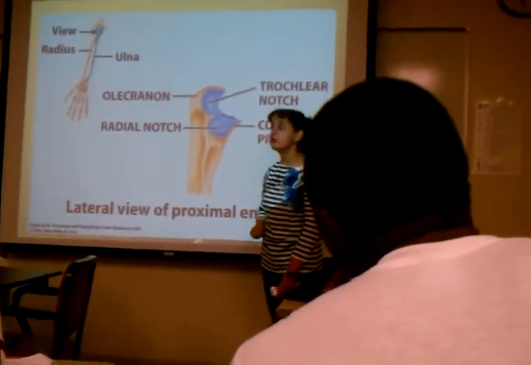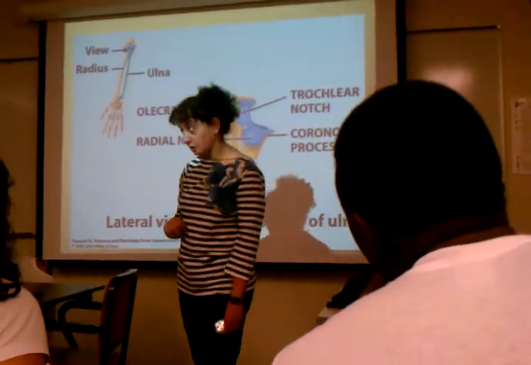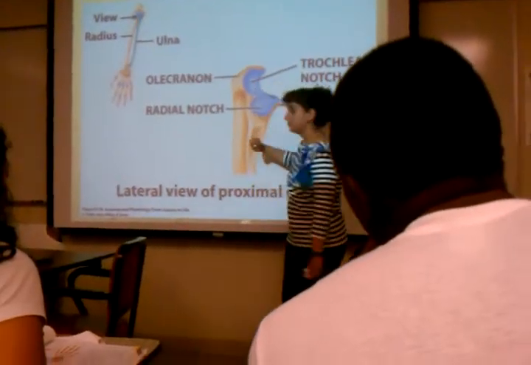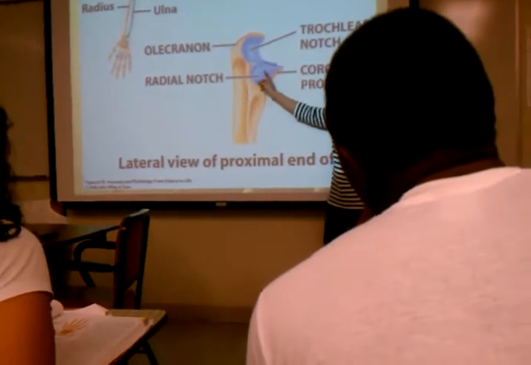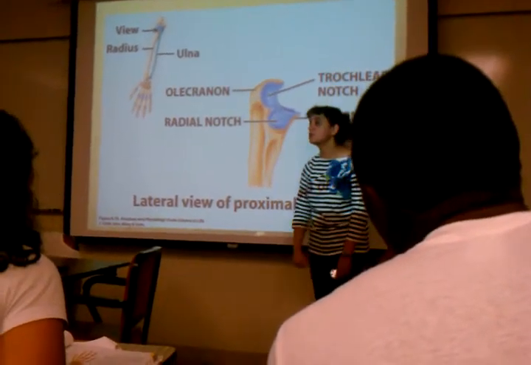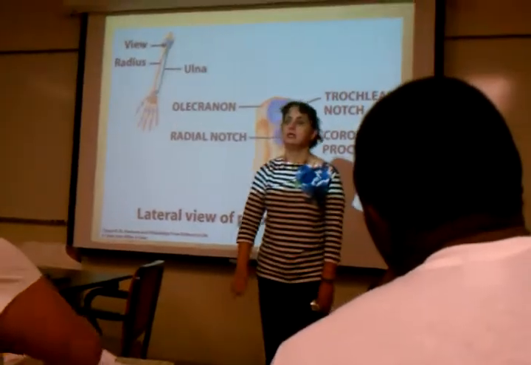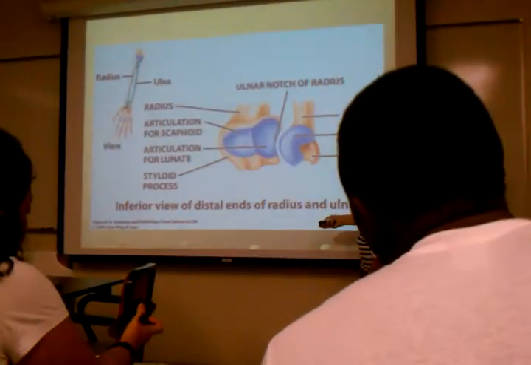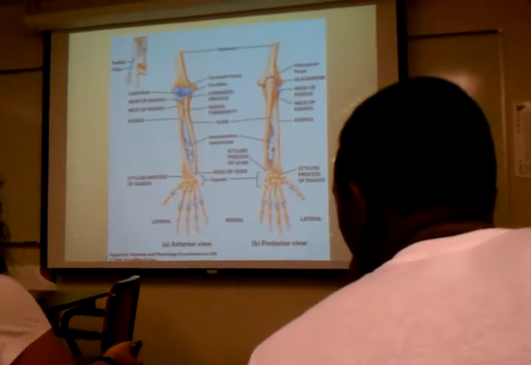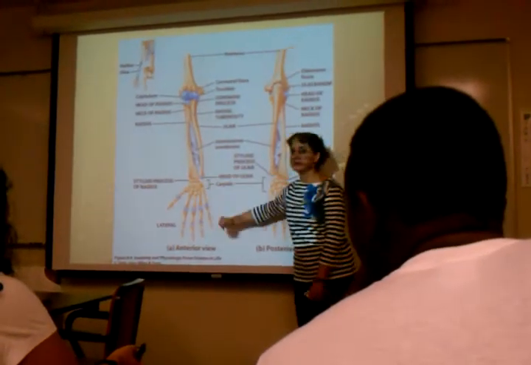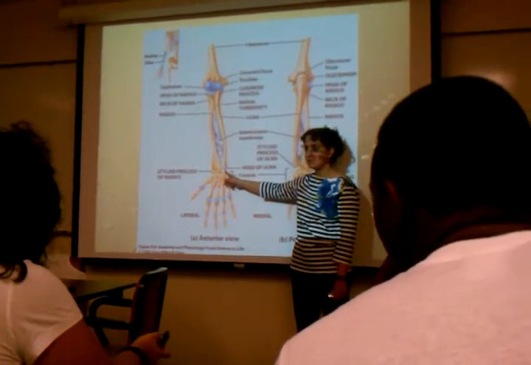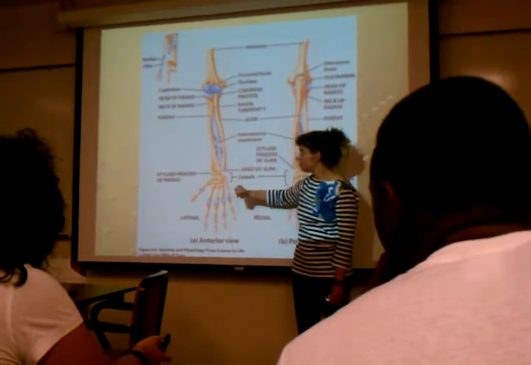Trochlear notch. The trochlear notch receives the trochlea of the humerus. This notch is called the radial notch. It is located lateral and inferior to the trochlear notch. It receives the head of the radius. And also at the distal end, it has a small process here, which is called the styloid process, right?